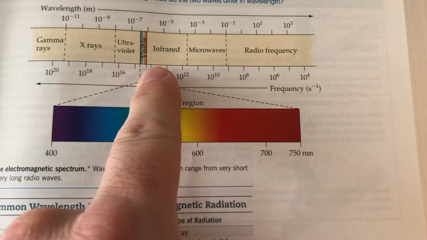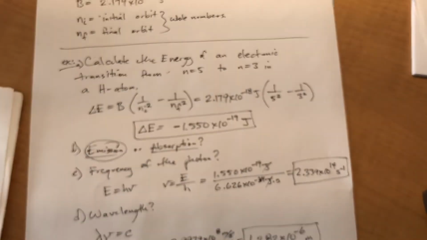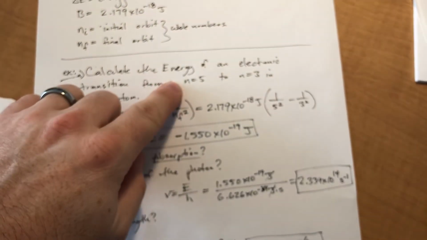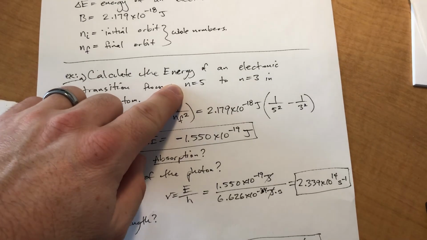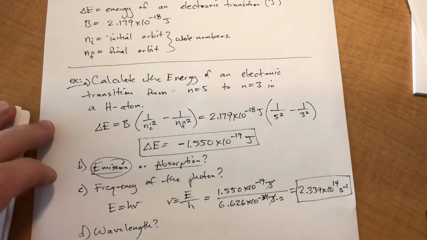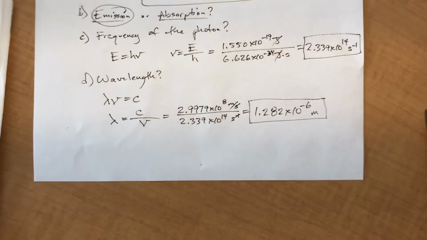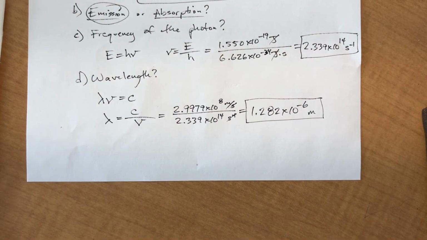So it would actually be slightly in the infrared region. So the electronic transition from n equals 5 to n equals 3 is technically in the infrared spectrum and we can't even see it. But this is how you would do all the math to figure out what the energy is for that electronic transition. All right, thanks.